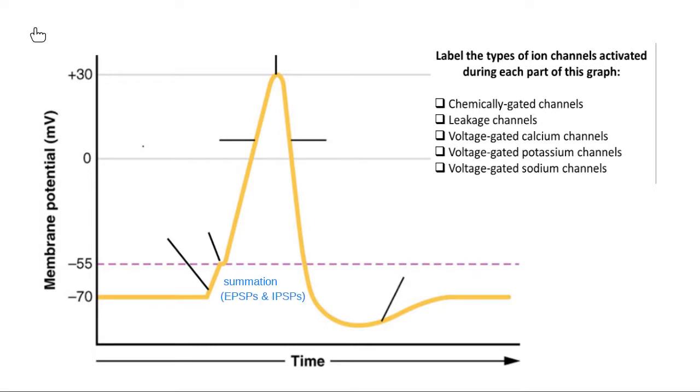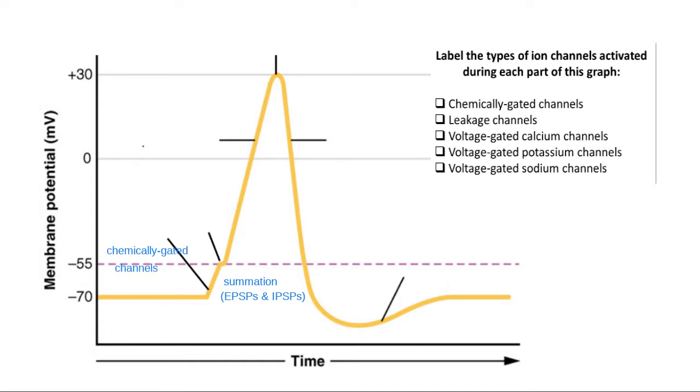We talk about making EPSPs and IPSPs. Which kind of channels were we using to make those kinds of changes? Exactly. This part of my graph is where I'm going to use those chemically gated channels.